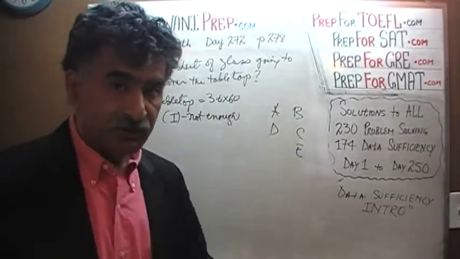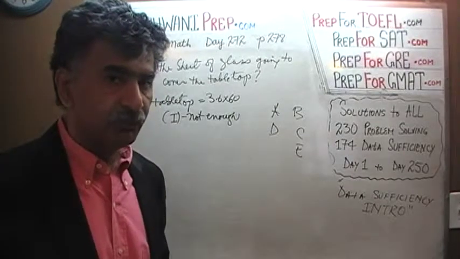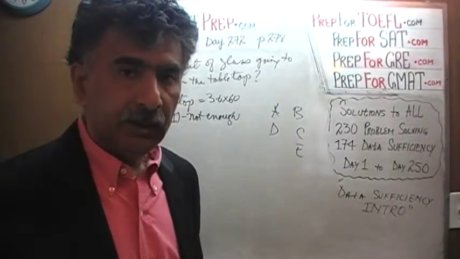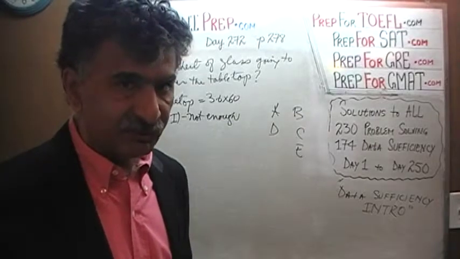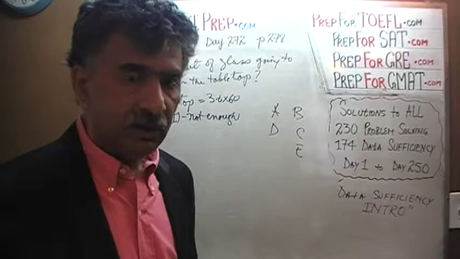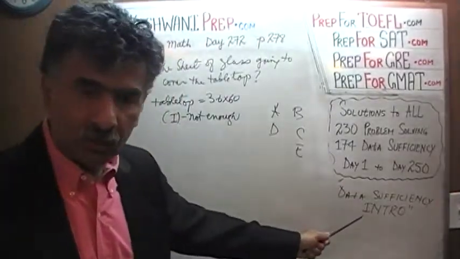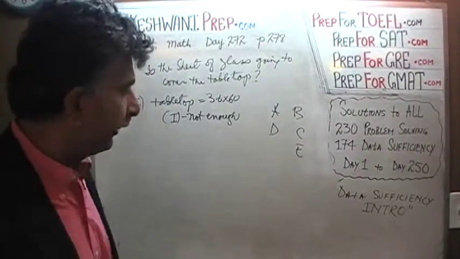Look for that video and watch that video in its entirety, and make sure you understand how to set up these problems, which is the most important element in being able to do well on data sufficiency. You must understand what these answers mean, and you must understand how to tackle them in a systematic, organized, logical fashion. I'm not going to go over the whole process right now, but I'm going to leave it up to you to watch it if you have not done so already.